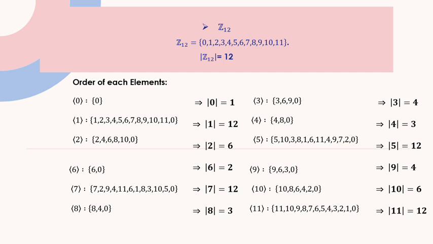For number 11, the elements under number 11 are 11, 10, 9, 8, 7, 6, 5, 4, 3, 2, 1, and 0. Therefore, the order of number 11 is equal to 12.